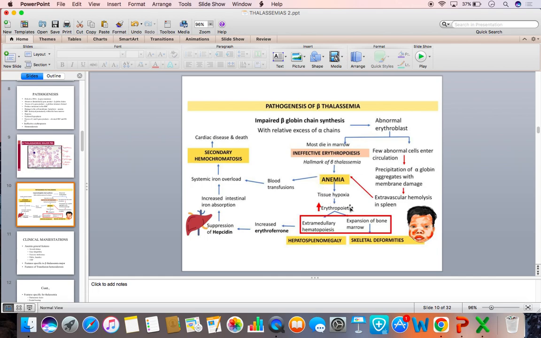That results in tissue hypoxia, elevated erythropoietin produced by the renal tissue. That results in expansion of the bone marrow, ultimately resulting in skeletal deformities.